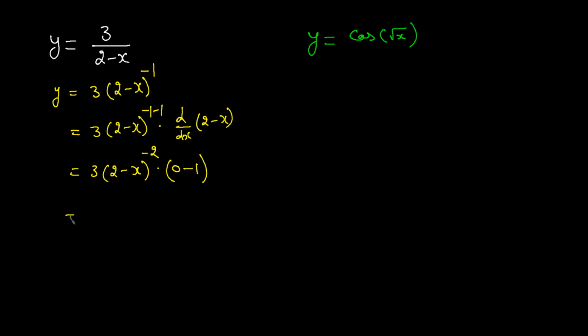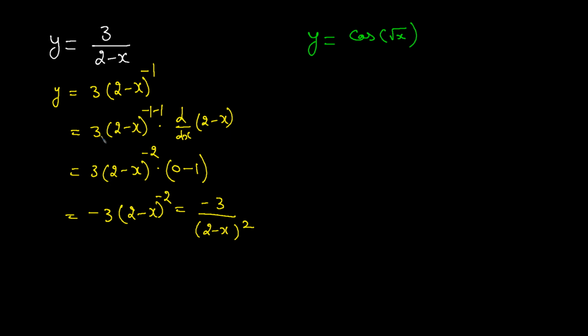And this negative 1 multiplied by this expression over here gives me negative 3 times (2 minus x) raised to the power negative 2, which is equal to negative 3 over (2 minus x) squared.